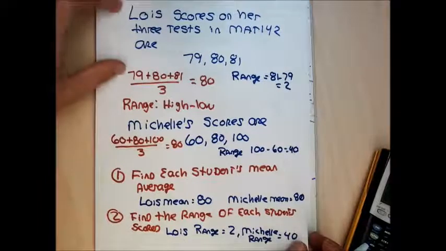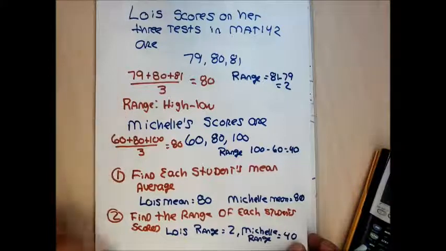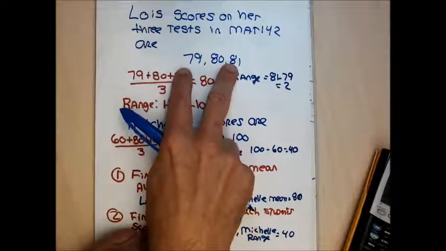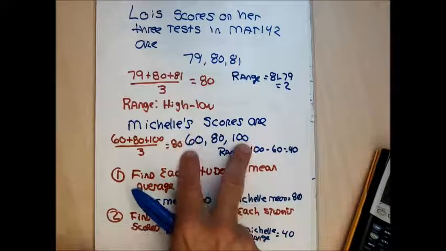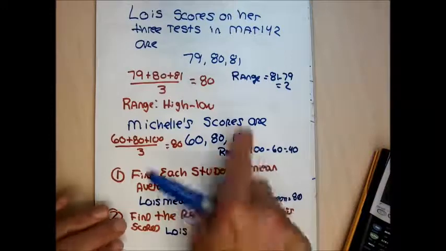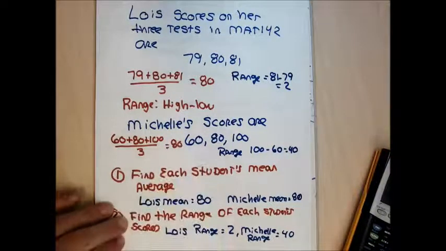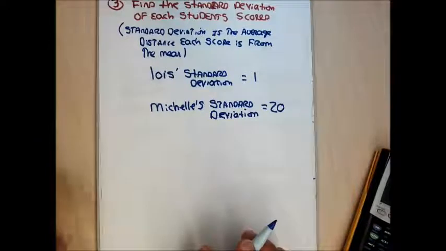Both Lois and Michelle have an average, a mean of 80 for their 3 tests. The range of Lois's scores was only 2 because her scores were really bunched tightly. The range of Michelle's scores was 40 because her scores were wildly different. The range is just the high score minus the low score. Super easy to do by hand. And then I did the standard deviation for both Lois's and Michelle's scores on my calculator.